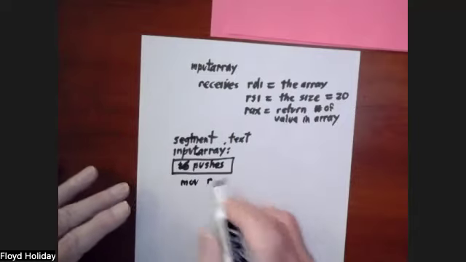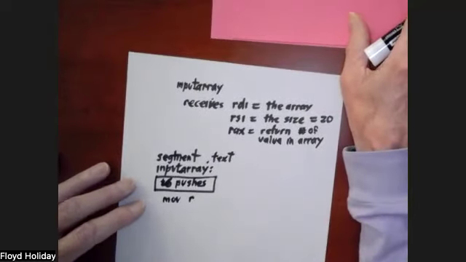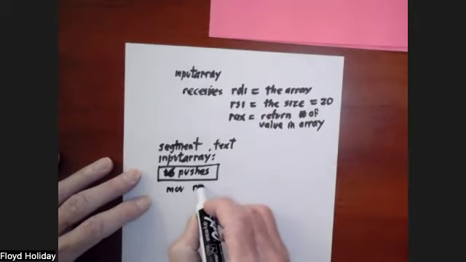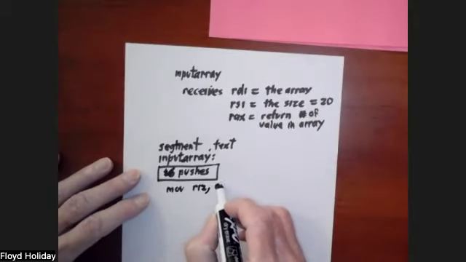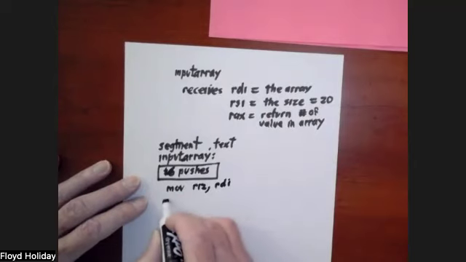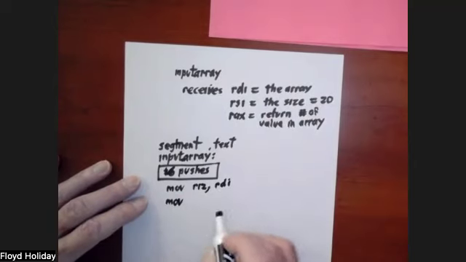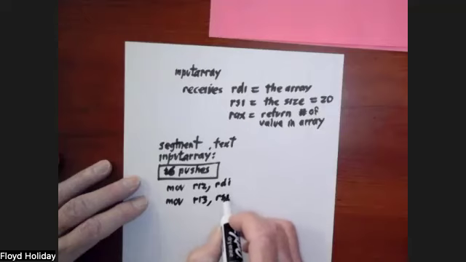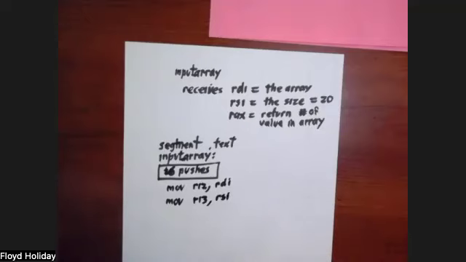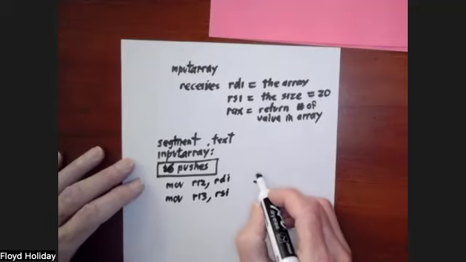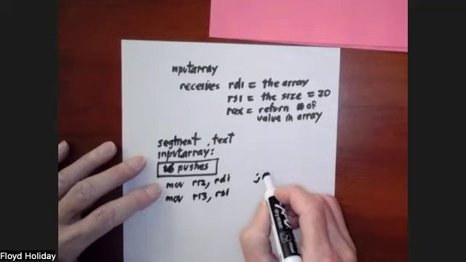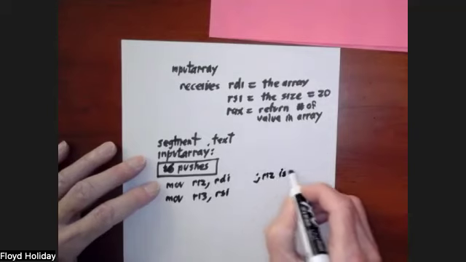Let's use the same ones that I was using before. R12. Move R12, comma, RDI. And R13, RSI. It's not a requirement of programming in this class, but you might document next to it what R12 is so you don't forget. R12 is the array.